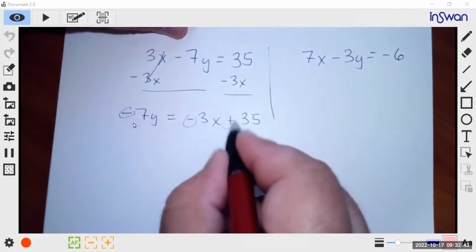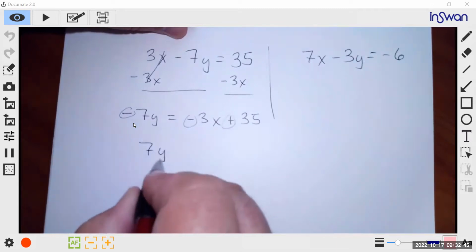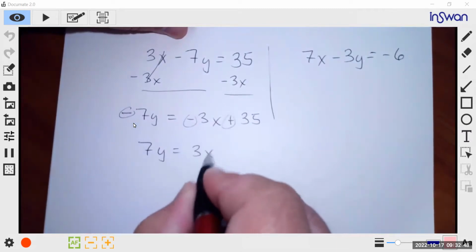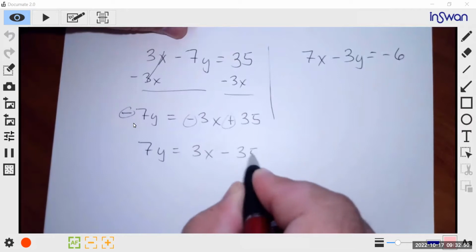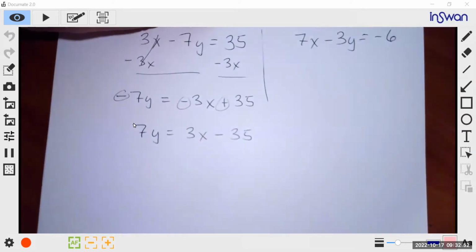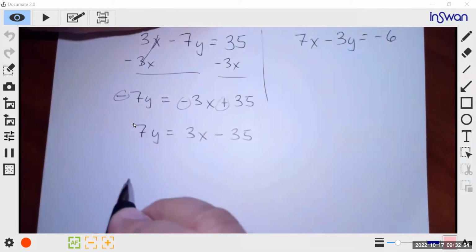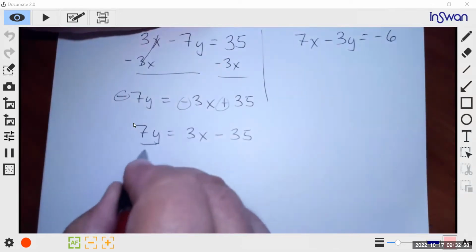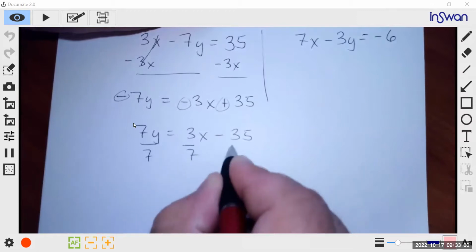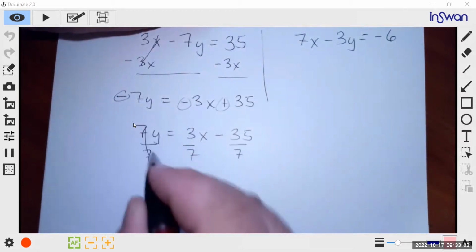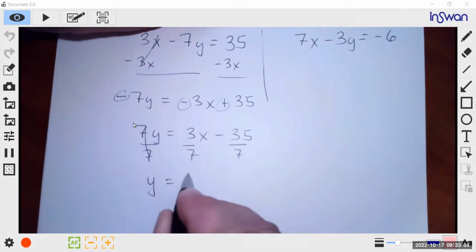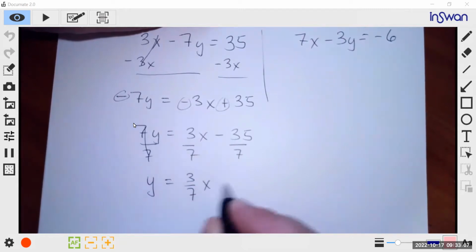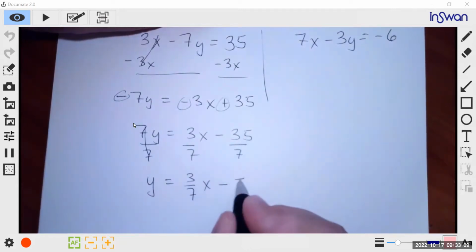Change the signs. 7y equals 3x minus 35. Then what? Divide by 7 to get the y by itself. Divide each term by 7. y equals 3 over 7x. 35 divided by 7 is 5.